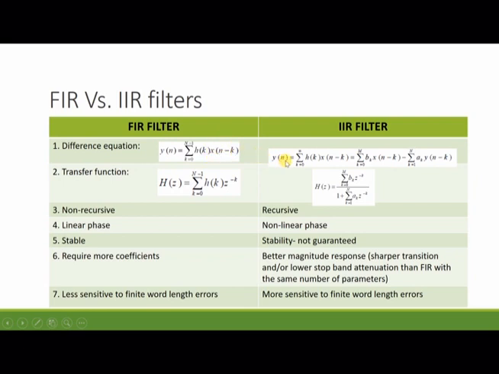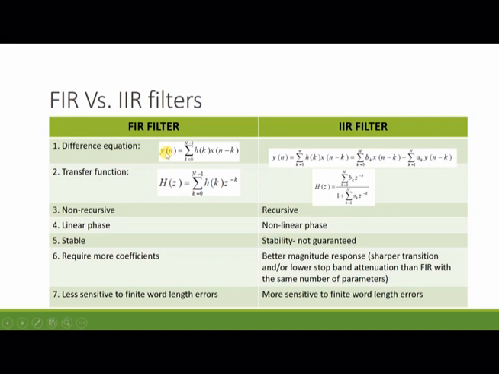Whereas in case of IIR filters, y of n depends both on the present input x of n, the past inputs x of n minus k, and the past output samples y of n minus k, and thus it's a recursive system.